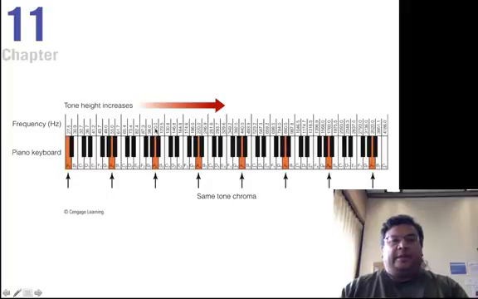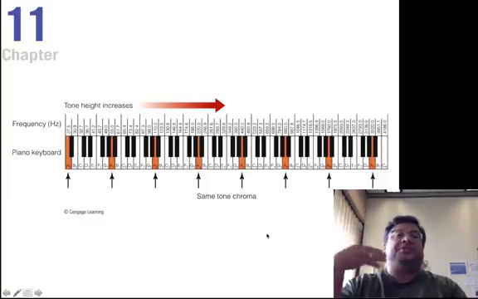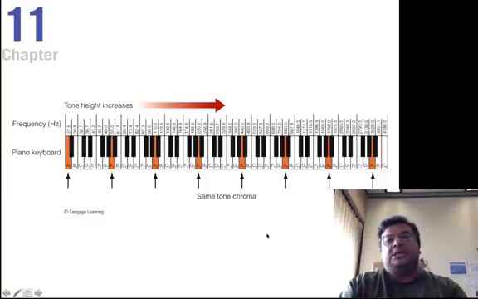And then that frequency doubles to 220. Then it doubles to 440, and then to 880, and then doubles, etc. We have a doubling of the frequency, which is a change in octave, which we perceive as a change in octaves.